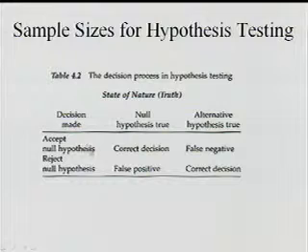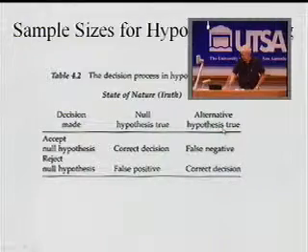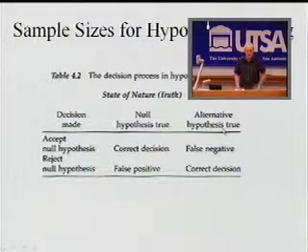If we accept the null hypothesis, but the alternative hypothesis, statistical hypothesis, is actually true, the scientific hypothesis that we believe our data is going to support, is true, but the statistics fail us, then it's possible that there's a false negative.